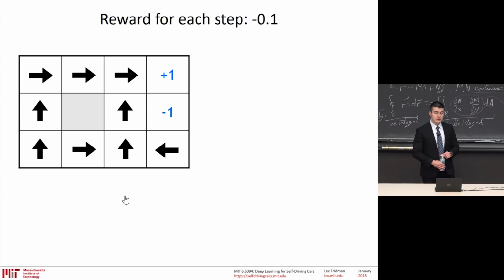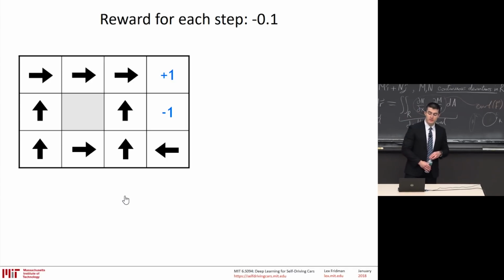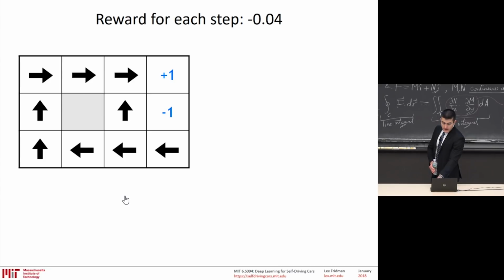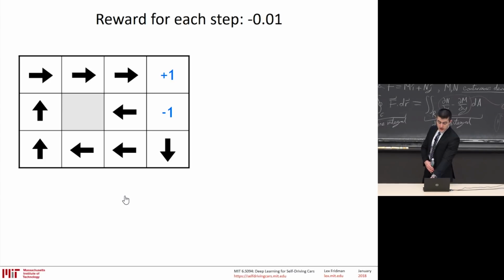If we decrease the punishment of each step to -0.1, the policy changes, where there is some extra degree of wandering encouraged. And as we go further and further in lowering the punishment, as before to -0.04, more and more wandering is allowed.